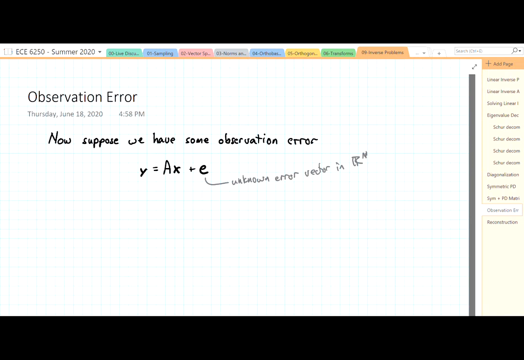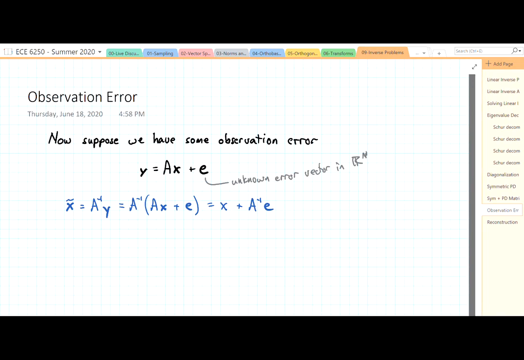Well, one thing we could do, since we have a symmetric positive definite matrix, is we could just say that x tilde is equal to A inverse y, as we've done before, but now this is going to be A inverse times Ax. Now we have our additional error term in here, so that's going to give us x plus A inverse times the error.